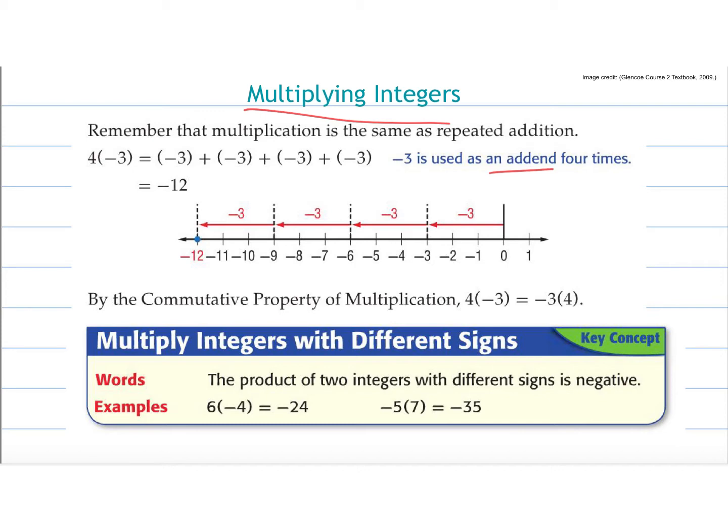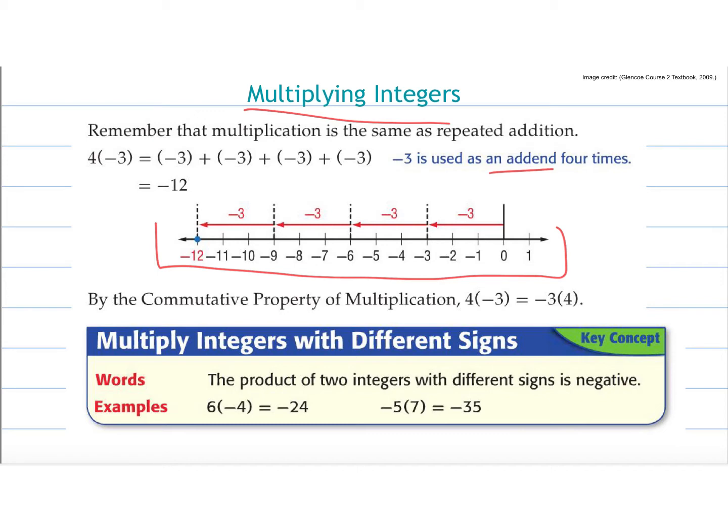Shown here on the number line: take -3, add -3 more, that gets us to -6, add another -3, -9, add -3 more, and that gets us to -12. By the commutative property, where we can change the order of the numbers, 4 times -3 is the same as 3 times -4.